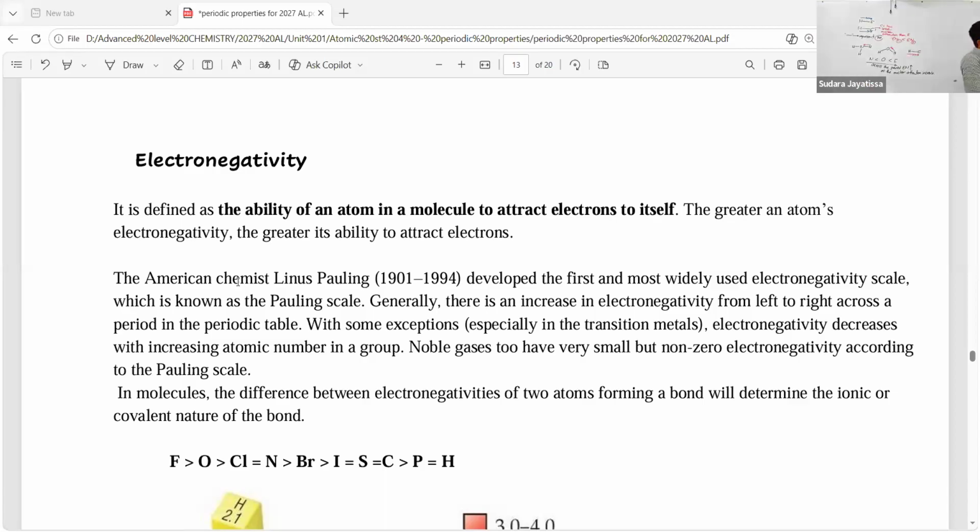You can write: if the electronegativity difference is higher, the bond will become ionic.